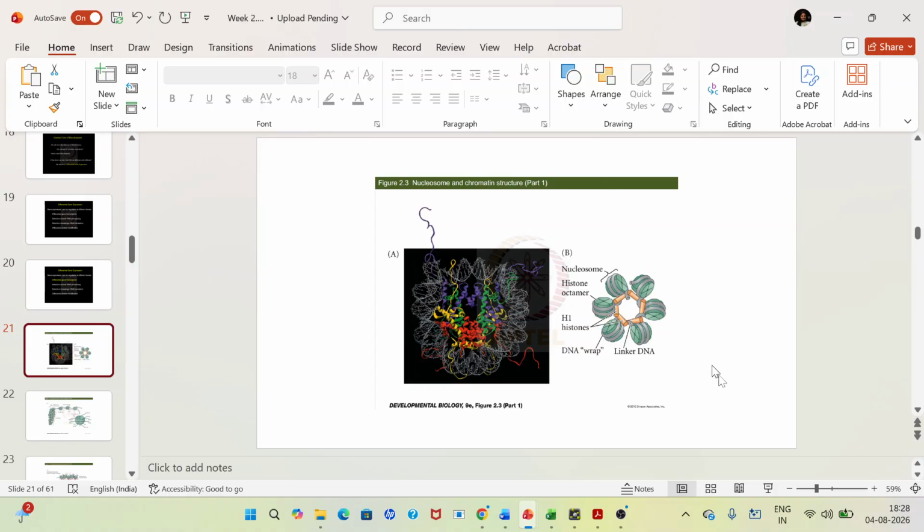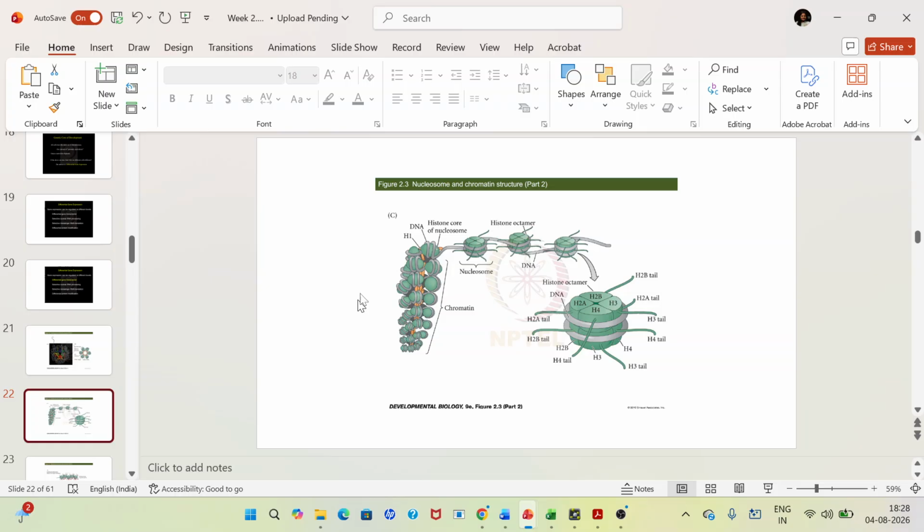So if you can see here, this green part is the histone core, and the spiral thing that is wrapped around is the DNA, and then they arrange into different forms to form a complex chromatin, and that chromatin further condenses to form the whole chromosome. Okay, so the chromosome is very small compared to the whole DNA size.